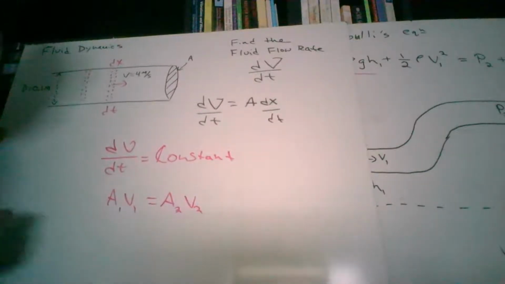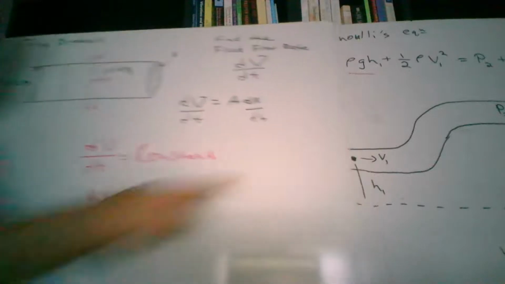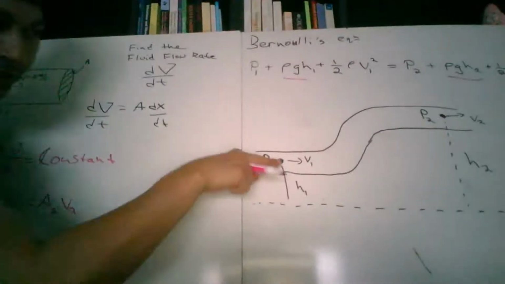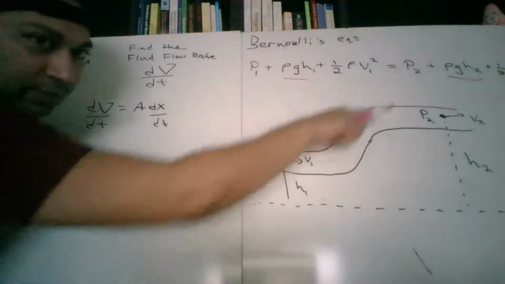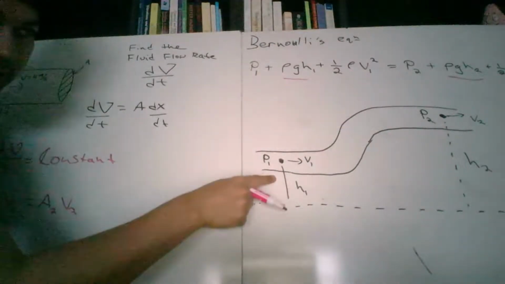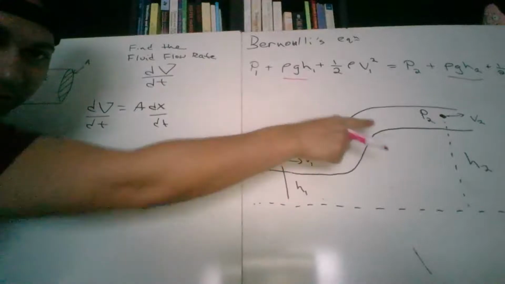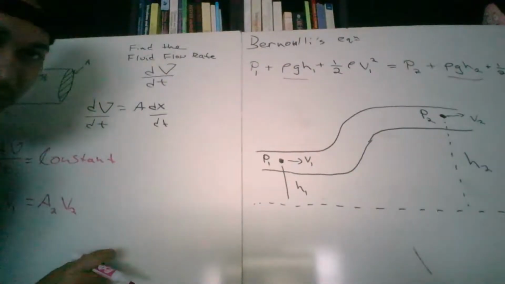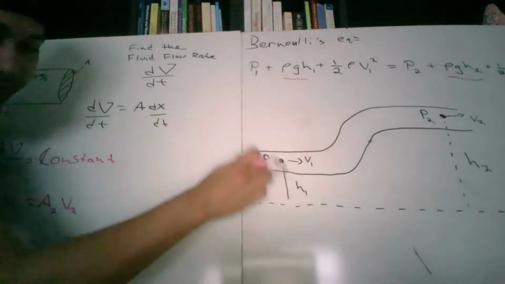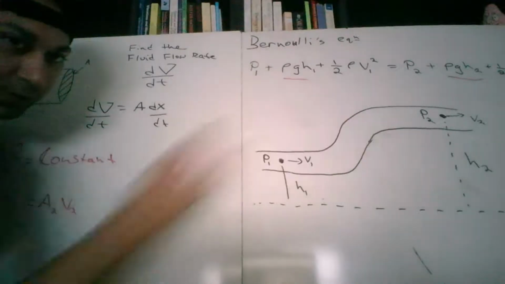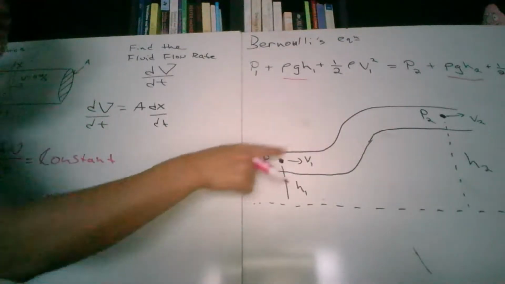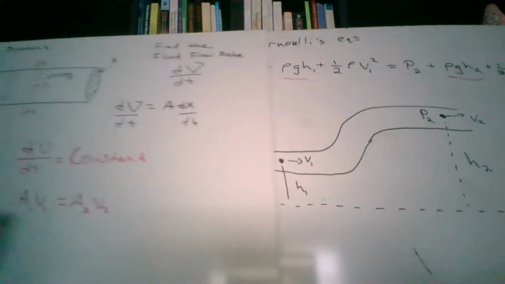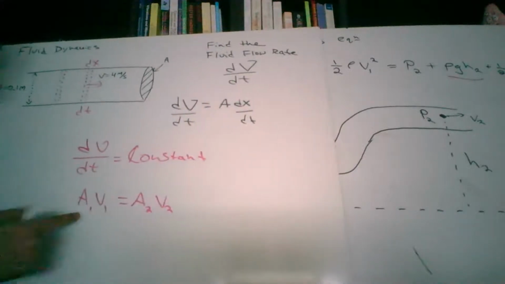And so I'm going to go back to this equation first, and I'm going to look at that picture here. If you look at this picture here, as the water flows from here going up into here, the cross-sectional area didn't change. I don't care about the height. I'm just looking at the cross-sectional area that the water is flowing through. So if the cross-sectional area doesn't change, that means that A1 is equal to A2.